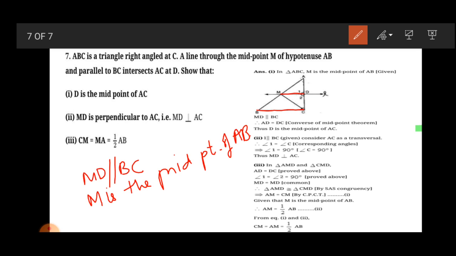So by converse of midpoint theorem, D is the midpoint of AC.